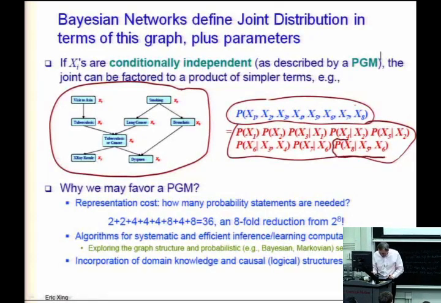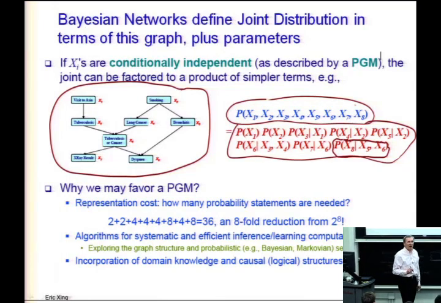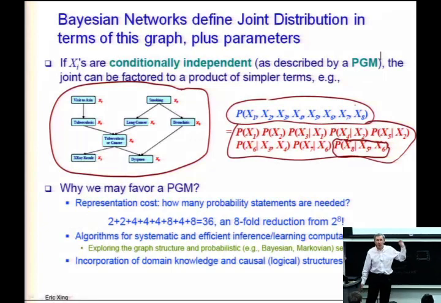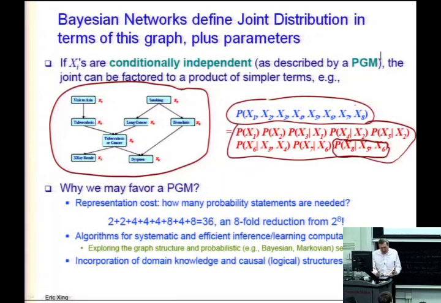They don't have to be simple, one variable conditioned on one other variable. They can be more complex terms. But the joint distribution, according to the rules of the graphical model, allows us to factor this joint distribution in terms of this product.